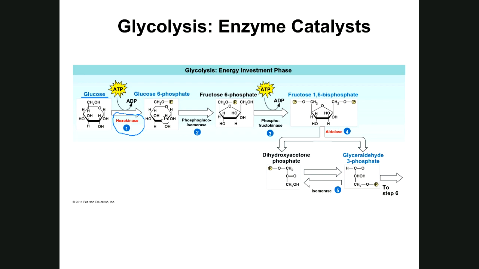So anytime an enzyme has at least as part of its name kinase, automatically tell yourself that's an enzyme that phosphorylates molecules. Phosphorylate is defined as chemically bonding a phosphate group to a molecule. So when I say phosphorylates or phosphorylation, it's defined as chemically bonding a phosphate group to a molecule.